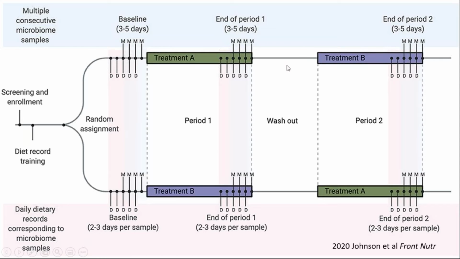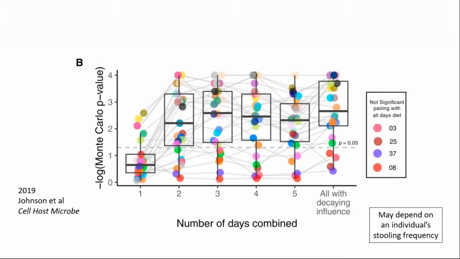And so how long should this washout period be? Well, if you're only trying to look at compositional changes in the microbiome, there's a lot of evidence that those compositional changes can take place within 24 to 48 hours. And indeed, in a different paper by Abigail Johnson in 2019, they demonstrated that 2 to 3 days worth of dietary data is plenty in order to determine the relationship between diet and microbiome.